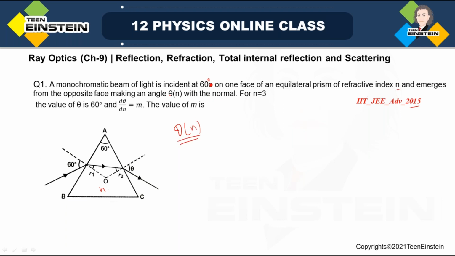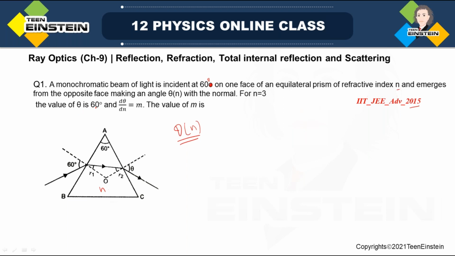The emergent ray makes an angle theta n with the normal to this face AC.